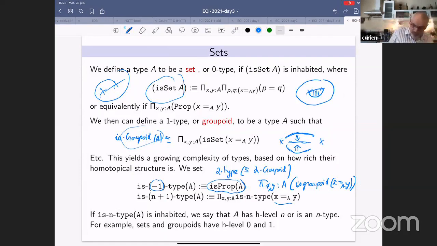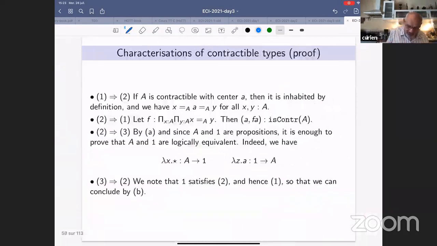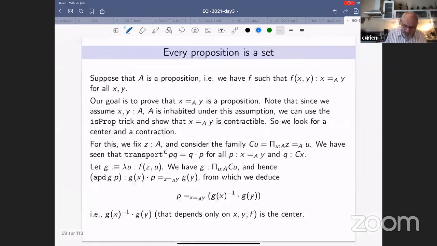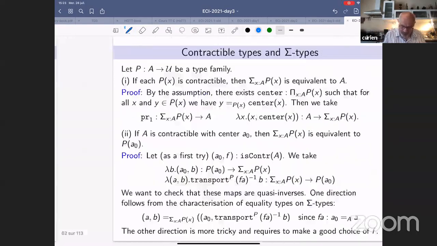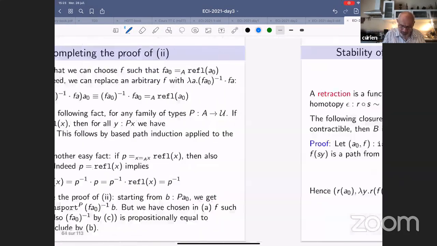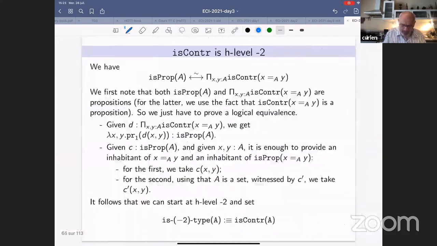And before the break, let me give you an interesting appetizer for after the break. We shall show that isProp itself, which is level -1, can be obtained in the same form from a more primitive type, which we already know, which is isContr.